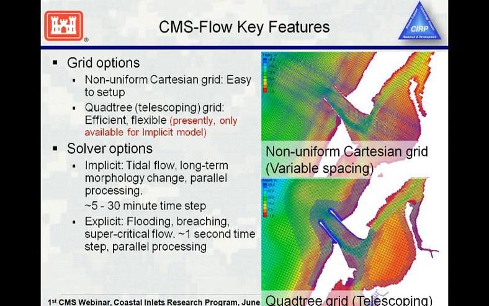We don't really recommend running much larger than a 30-minute time step. But this is much better than running as the explicit did with around 1 second to sub-second time steps. There are some situations where you may still want to run the explicit model, and we're going to keep that available for a while.